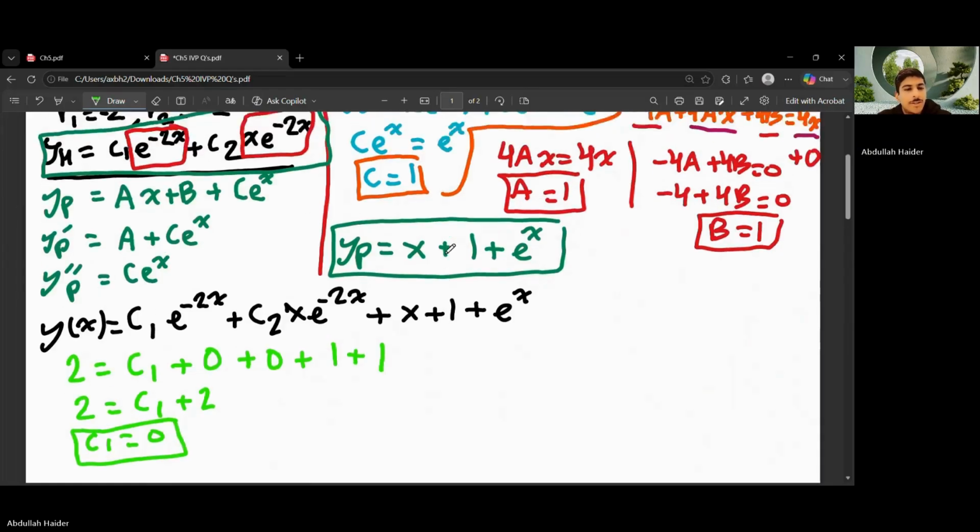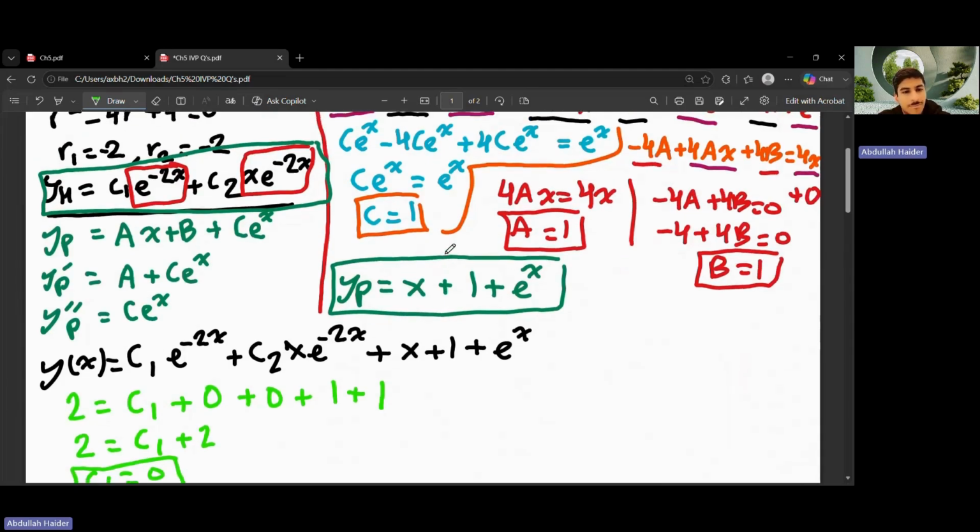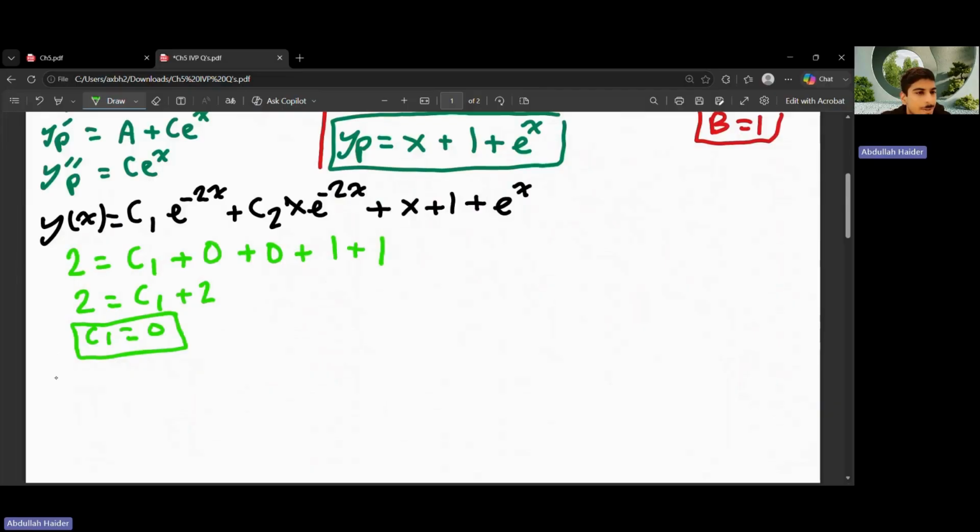Now, you will take the derivative of y of x to be able to get C2. So if I take the derivative of this, well, there's actually no need to take the derivative for the first term because C1 is 0. So you can cross this out. So y prime will be now, assume we're using the product rule for this.